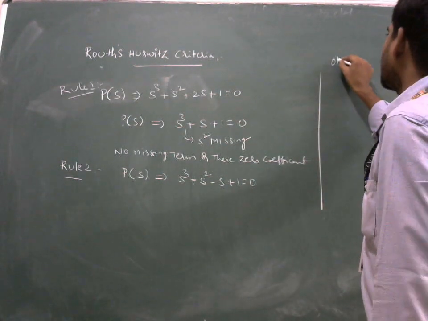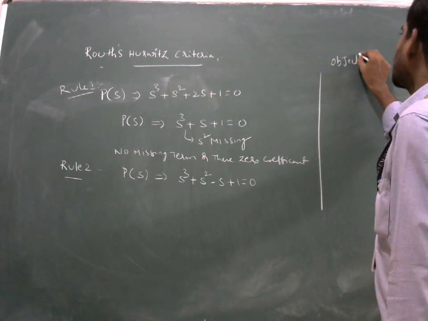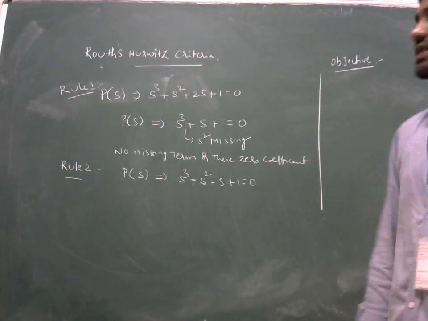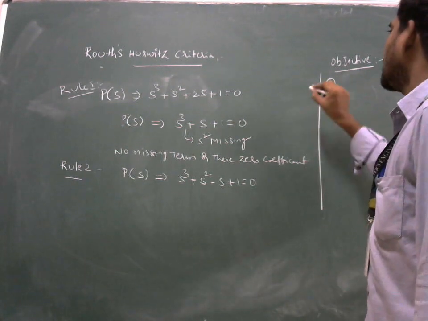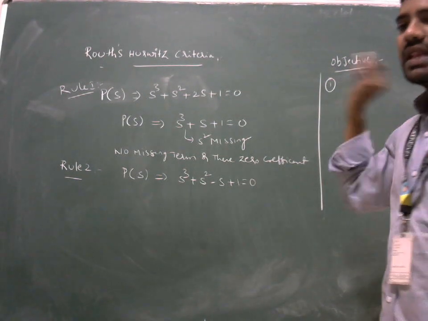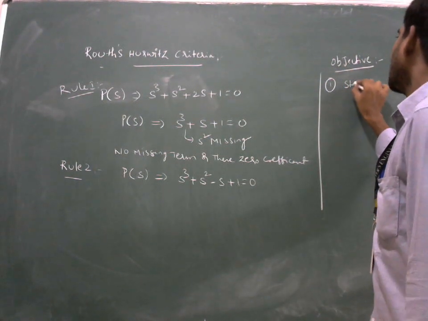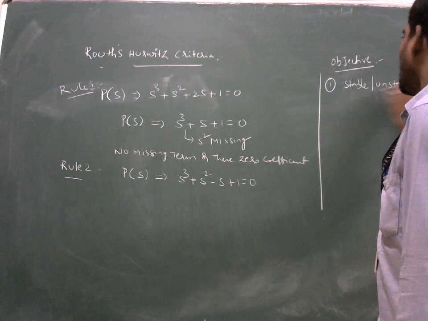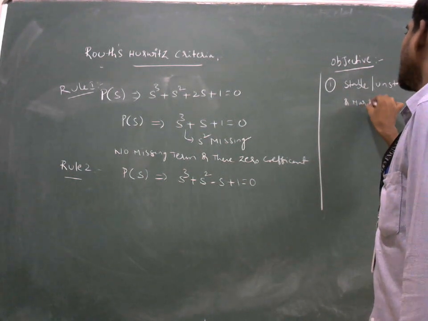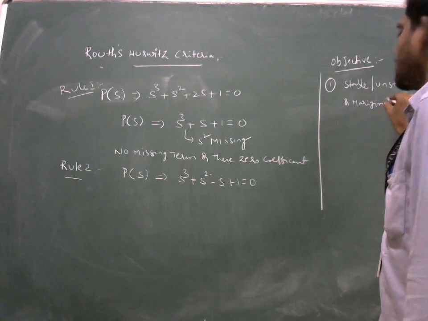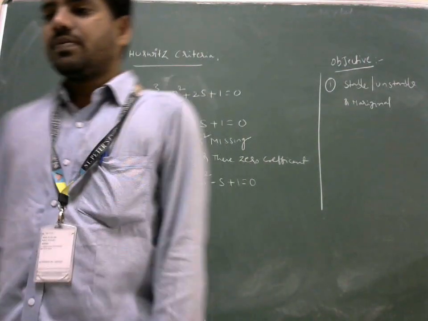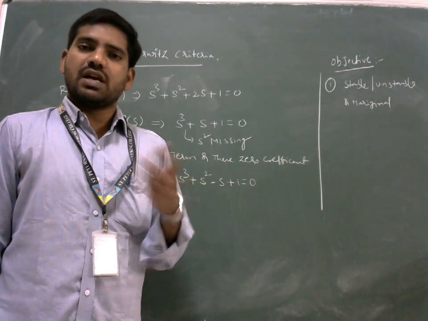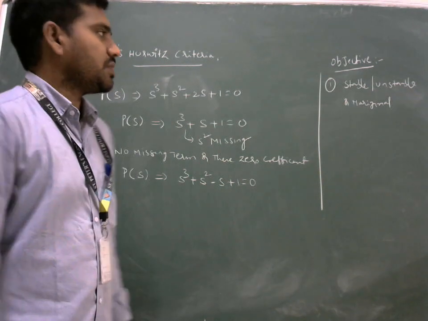The main objective of this criteria is that it will just tell whether the system is stable, unstable, or marginally stable. That's it. Only that it will tell.